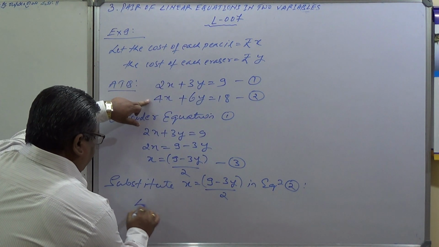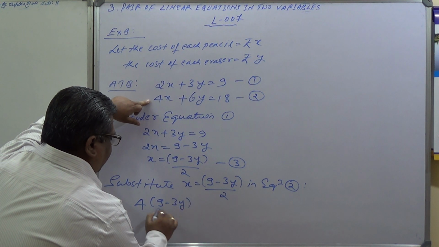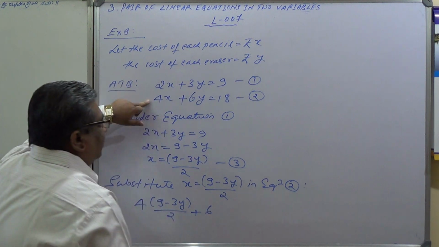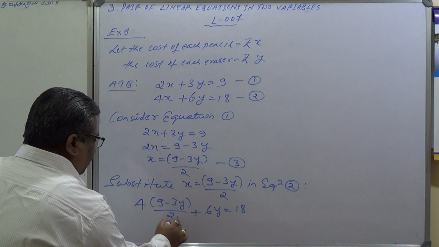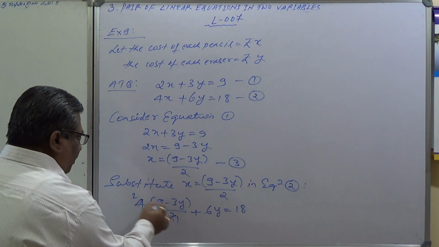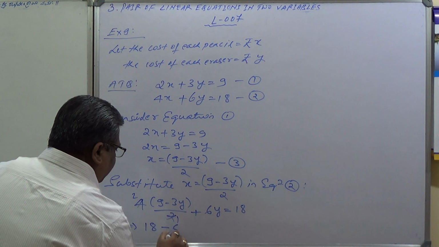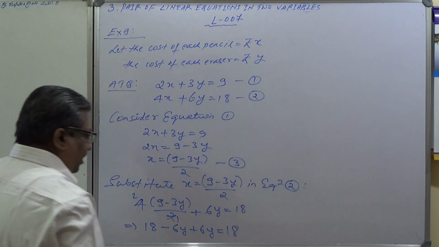4 times (9 minus 3y) the whole by 2 plus 6y equals 18. 2 ones are 2, 2 twos are 4, 2 nines are 18, minus 6y plus 6y equals 18.